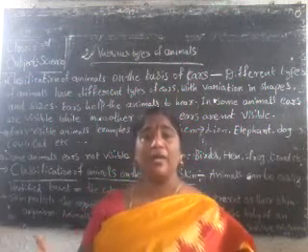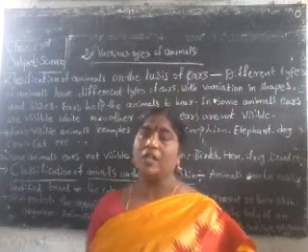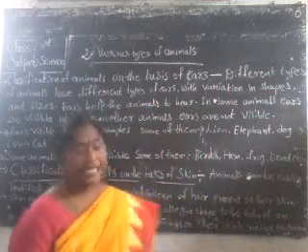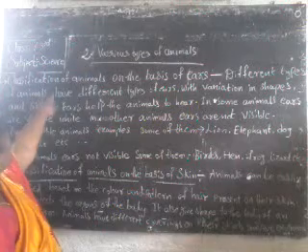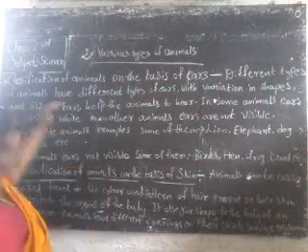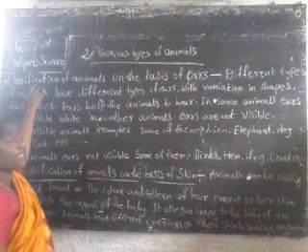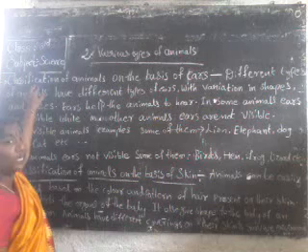That way we can find different types of animals. Now we have to learn about the classification of animals on the basis of ears. We have to separate the animals on the basis of ears.